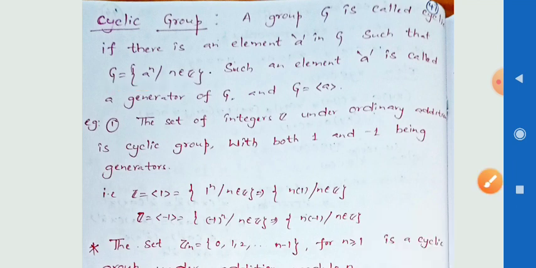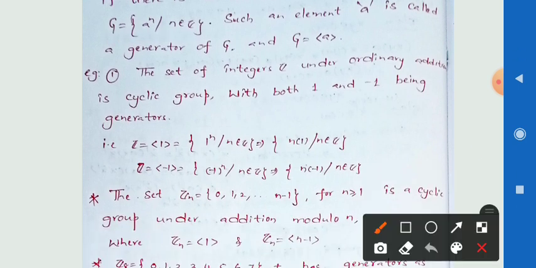Here some examples are given. The set of integers Z under ordinary addition is a cyclic group with both 1 and minus 1 being generators. Here Z is the integer set.